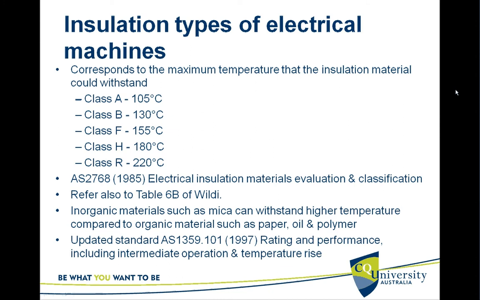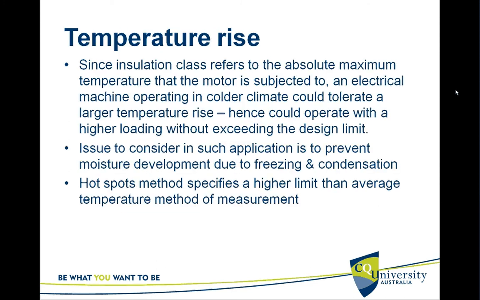Inorganic materials such as mica can withstand higher temperatures compared to organic materials such as paper, oil and polymer when it comes to insulations. And then the 1997 version of AS1359 gives rating and performance including intermediate operation and temperature rise for the insulations.